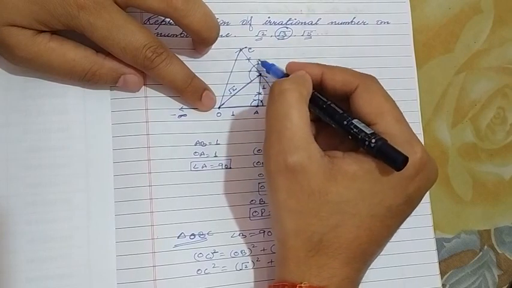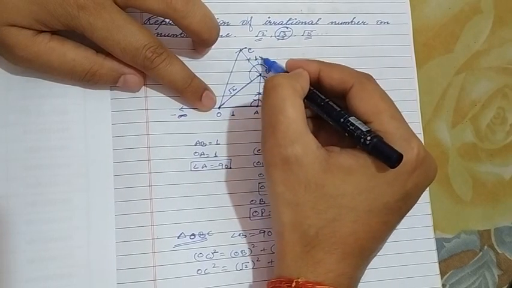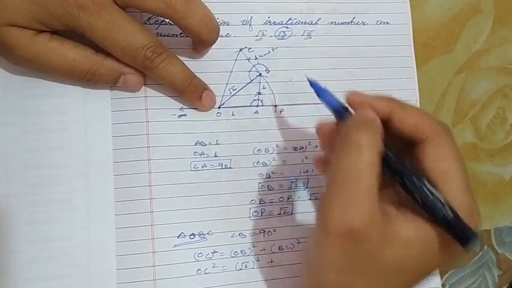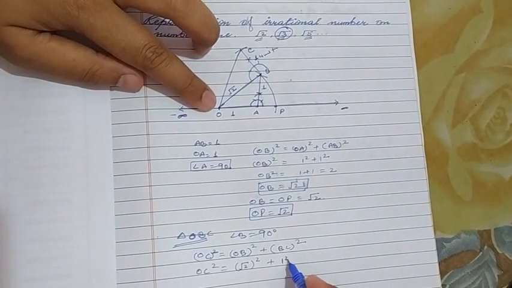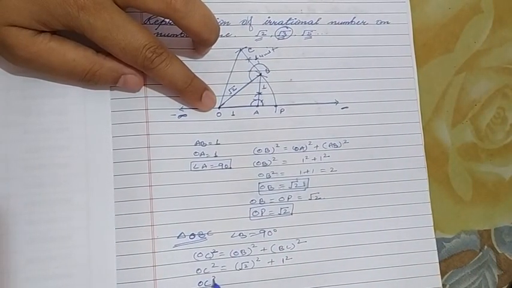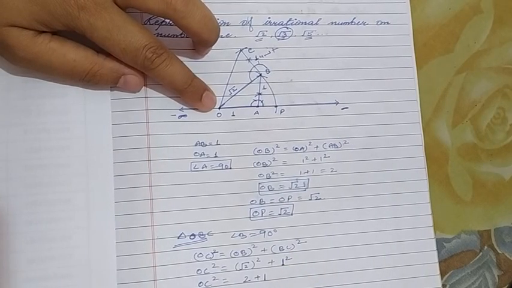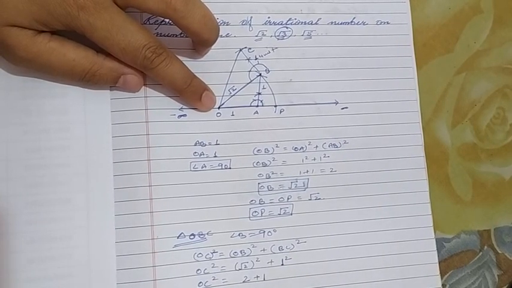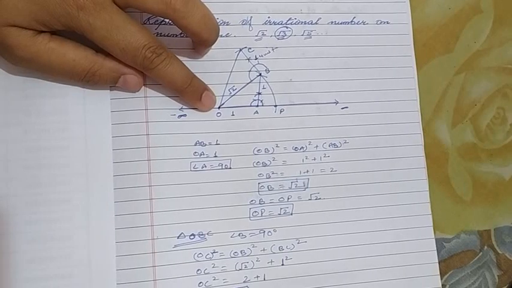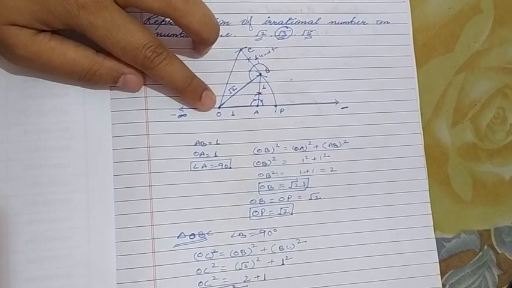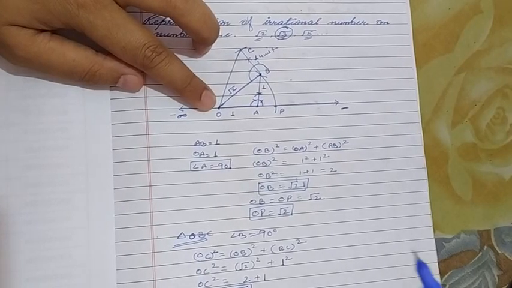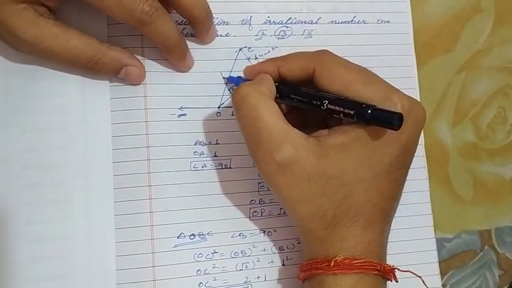BC we have taken 1 unit, 1 square. So OC square is equal to root 2 whole square, means 2 only, plus 1 square, means 1. So OC square is 3 और स्क्वायर रूट लेने पे, here OC is equal to root 3. So this OC is now root 3.